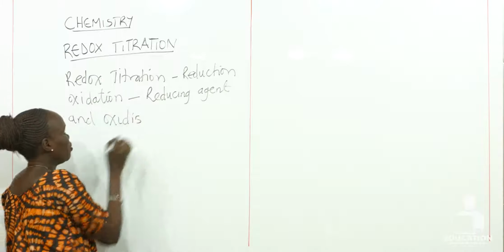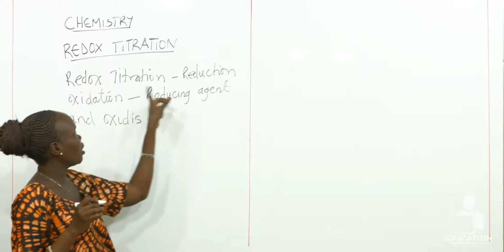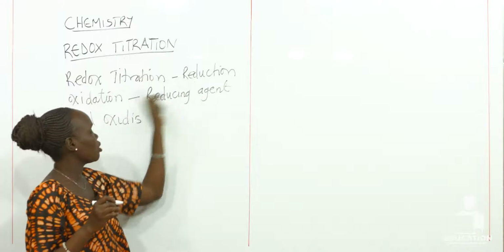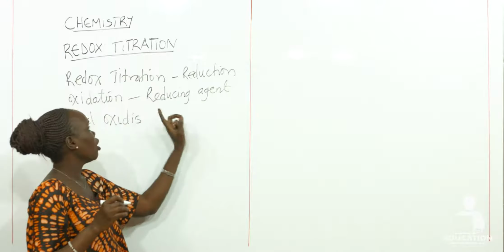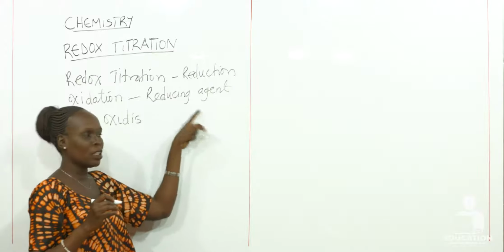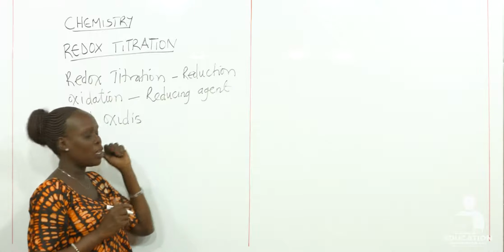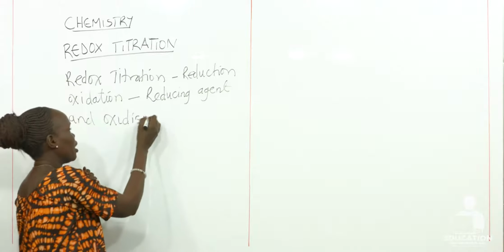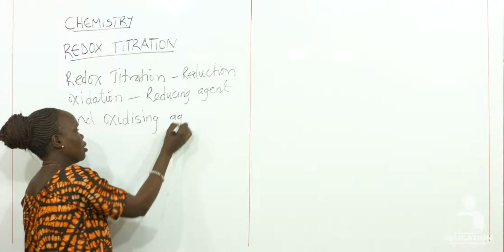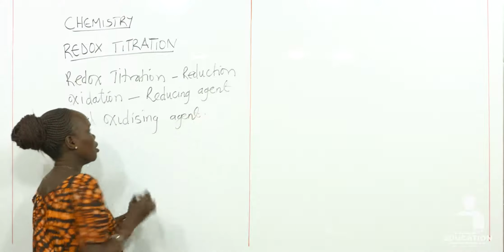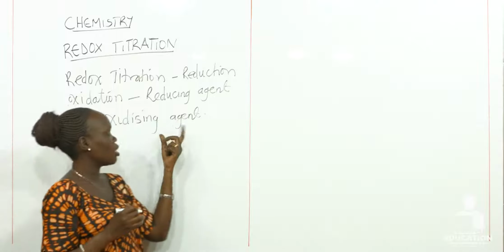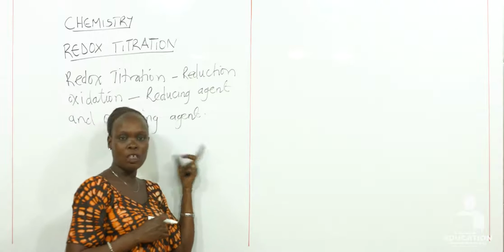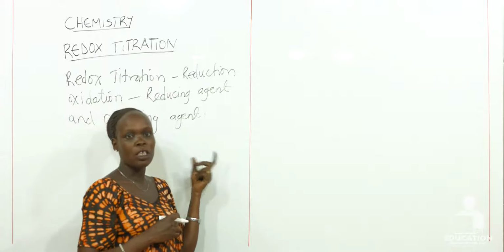So when you are dealing with the redox titration, you need to remember that there is a reduction oxidation reaction, which is dealing with the reducing agent and the oxidizing agents. The oxidizing agent and reducing agent are those where the reduction and the oxidation are going to take place during the titration.